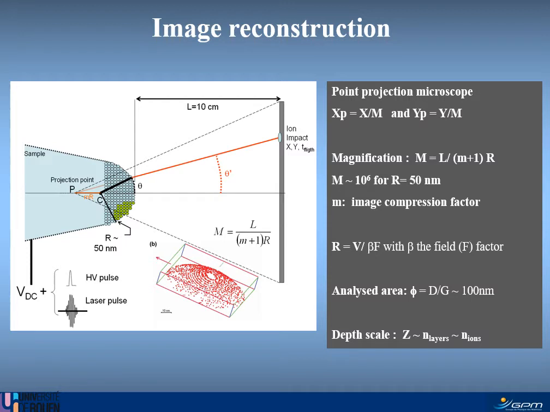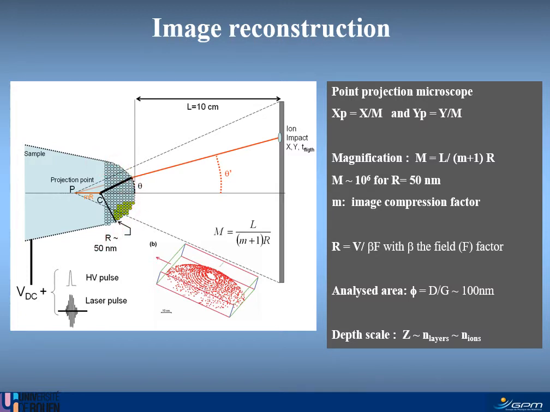That we can approximate all the trajectories as straight lines, like this, and all the trajectories come from a single point that is called the projection point here. And this point is located a little bit behind the center of the hemisphere here.